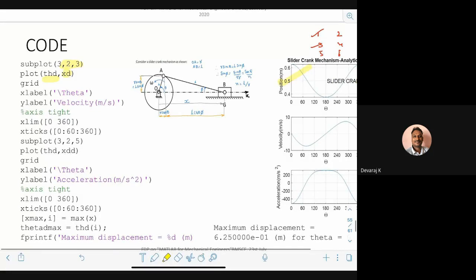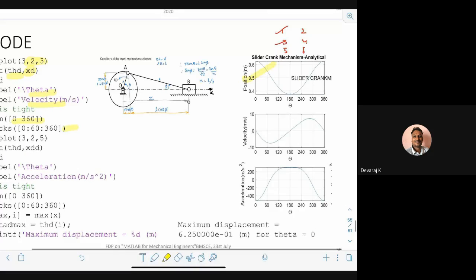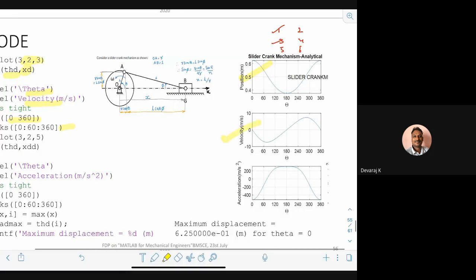The y-axis is the velocity of the piston, that is x differentiated. And you can switch on the grid, put the title of the x-axis, put the title for the y-axis, clearly say what the units are. And you can put the limits. Otherwise, I told you the graph will go for a different length. And you can control the ticks so that you will get this graph. Remember, it is subplot 1 and subplot 3.